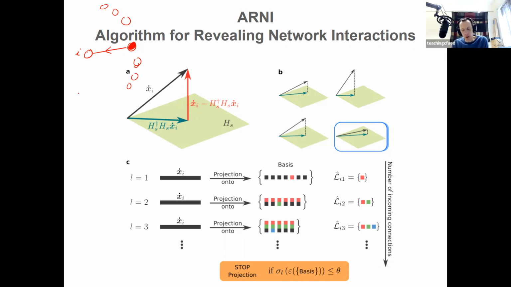And you ask, if I only had one coupling, which one is explaining my data best? In other words, which is minimizing the norm of the difference function here. You take your actual derivative, and then your reconstructed derivative, assuming you have only one node influencing node I. And it turns out it's the red one, okay?